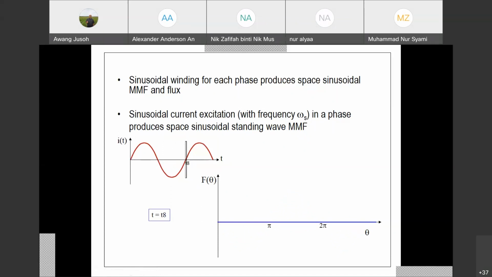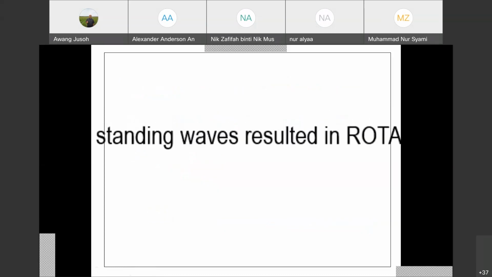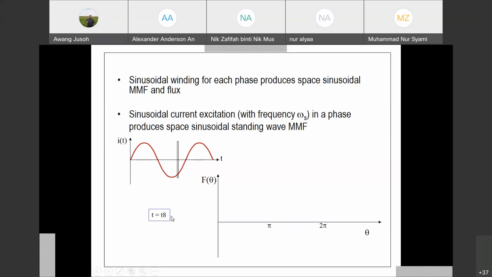I'm going to use this later on when we study briefly the rotating magnetic flux. I hope you can appreciate this relationship between current and MMF produced. Current 0, MMF 0. Understand? And the current positive half, this is the flux or MMF produced. Then maximum positive, you get this, and half positive, you get half again, and current 0, F also 0.